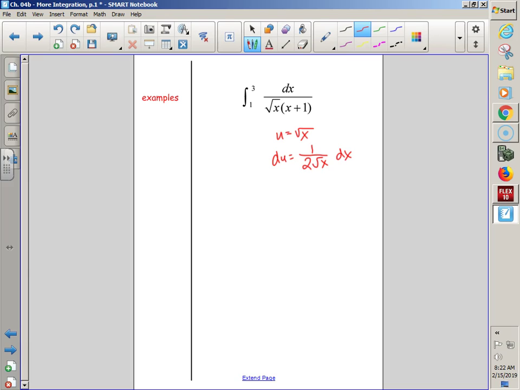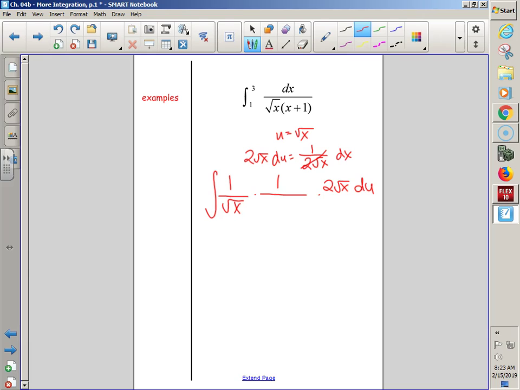How would we plug this in? Do you think that should be your u? It's actually not. I actually really want to keep that guy, because I really want to have him cancel out with that guy.